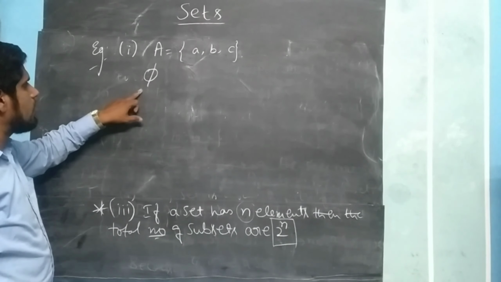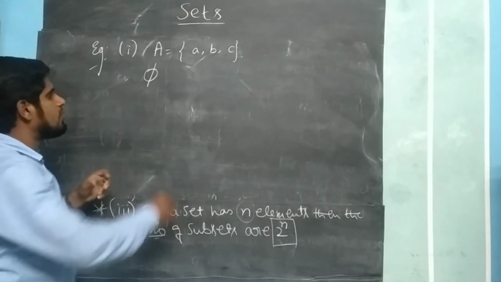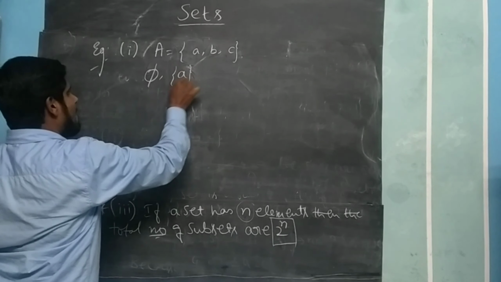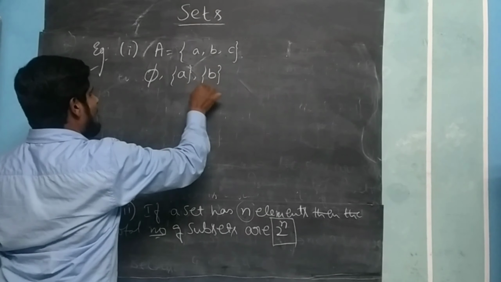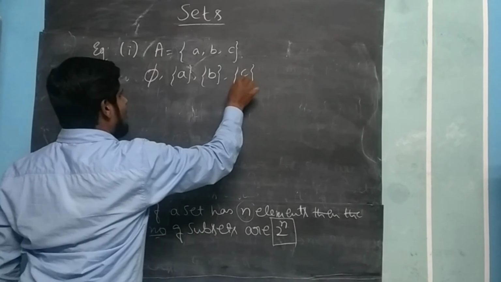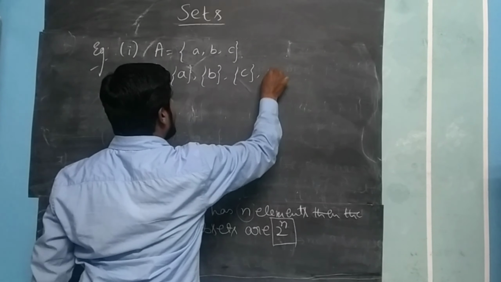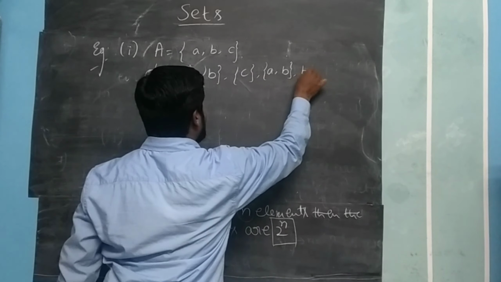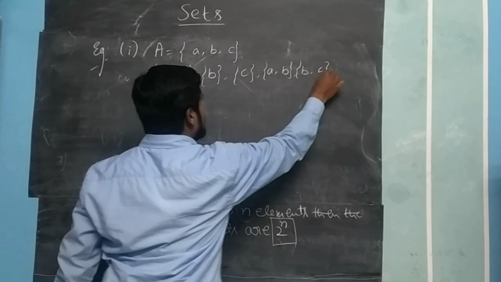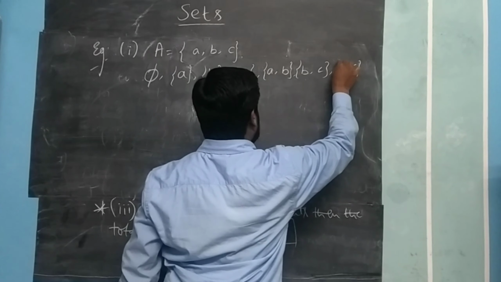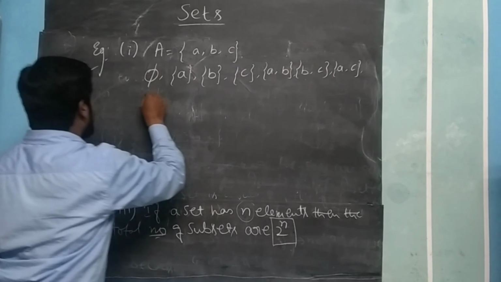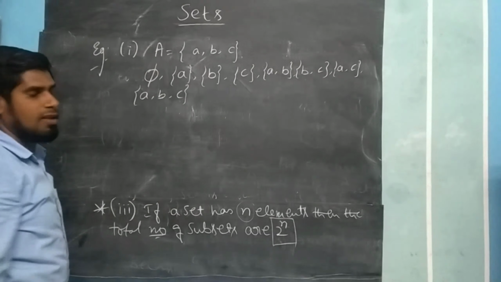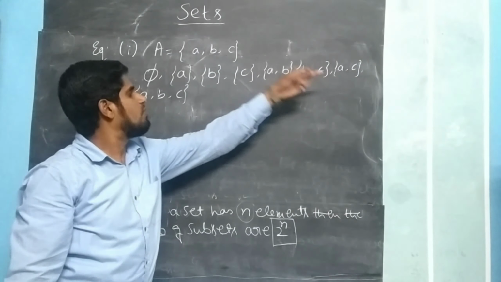Then I will take single elements. Then I will take two elements: AB, BC, AC. Then I will take A, B, C, the set itself. Every set is a subset of itself. These many subsets can be found.